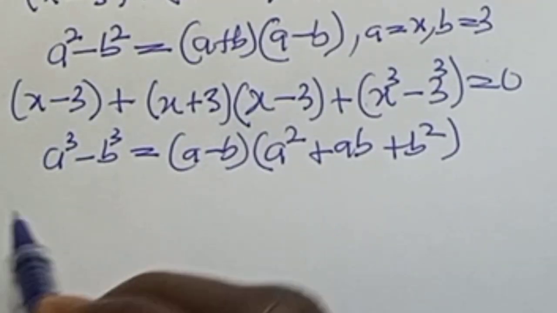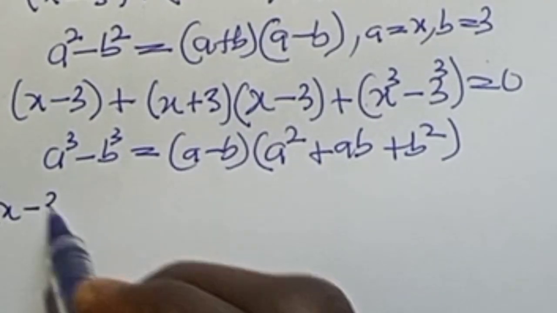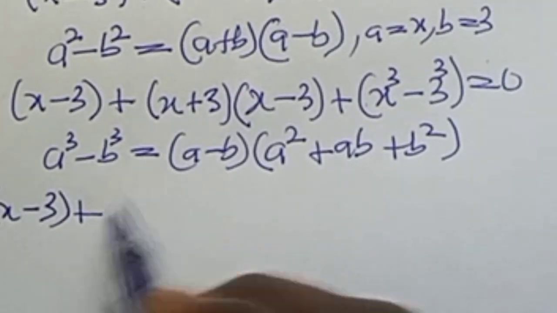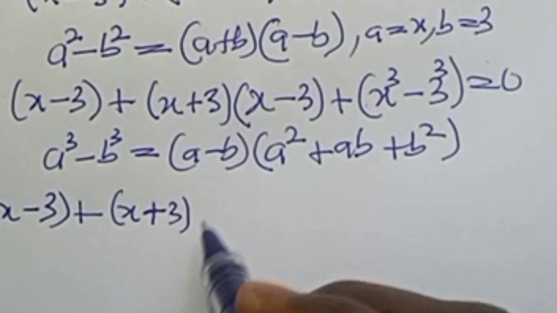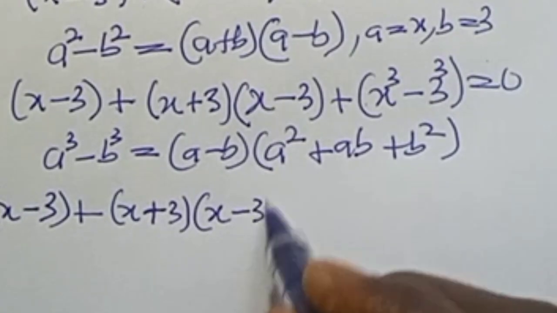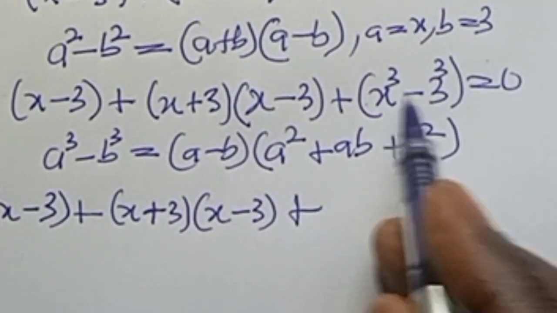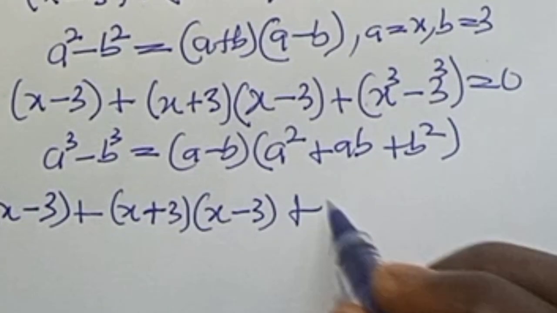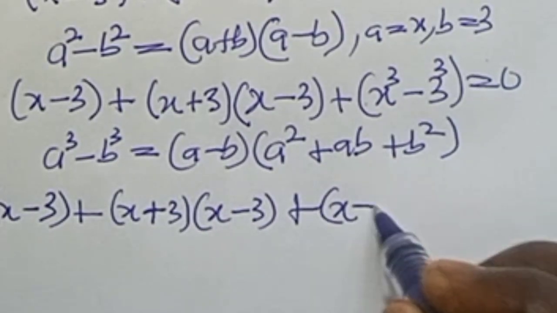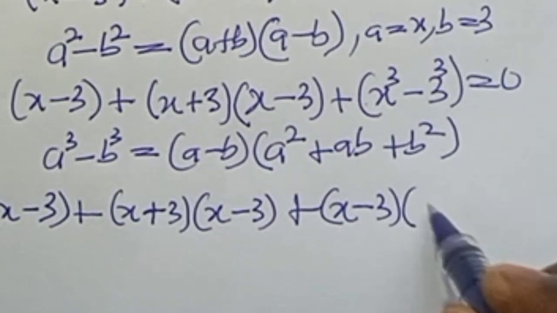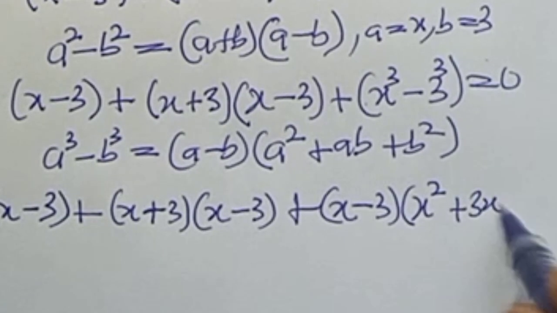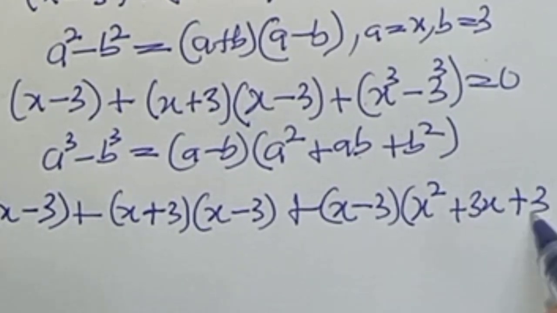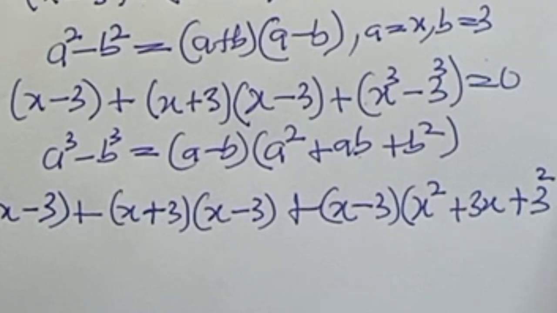This means our equation will become (x - 3) plus (x + 3)(x - 3) plus, for this we're going to represent it with this, which is (x - 3) into (x^2 + 3x + 3^2), all equal to 0.